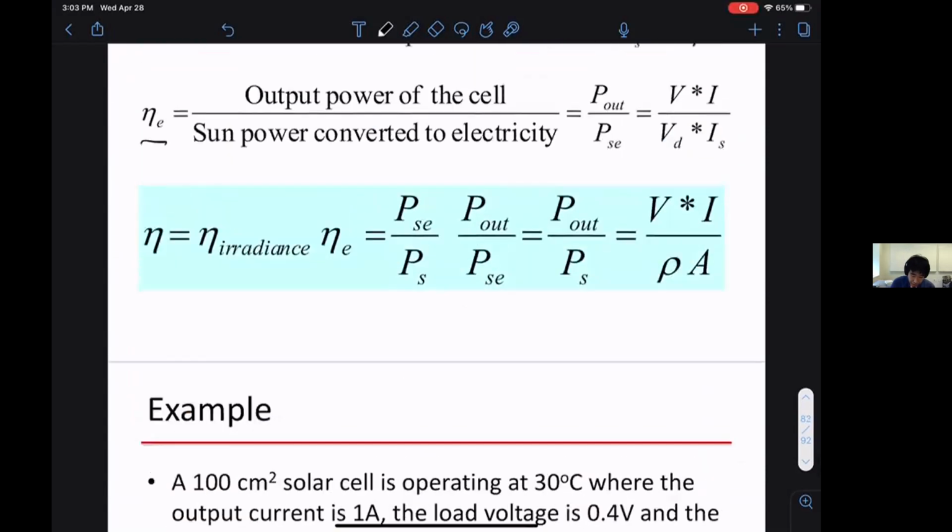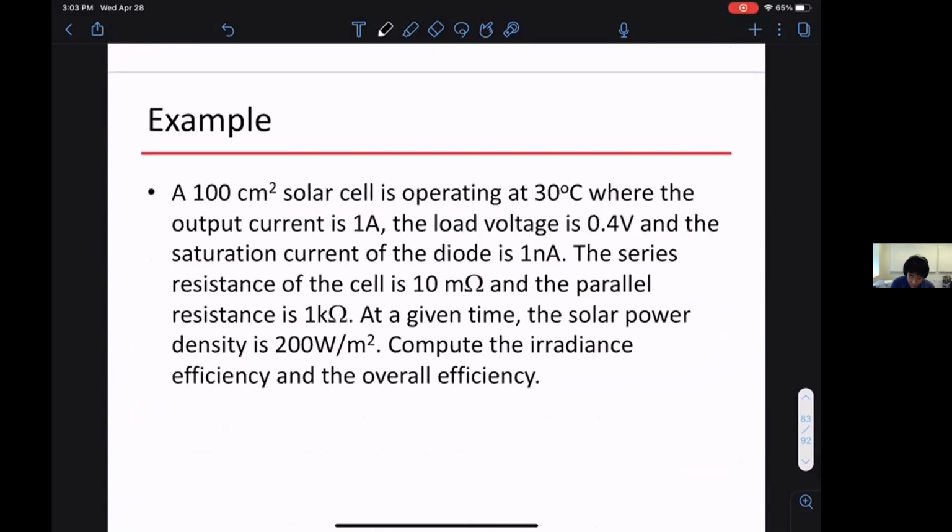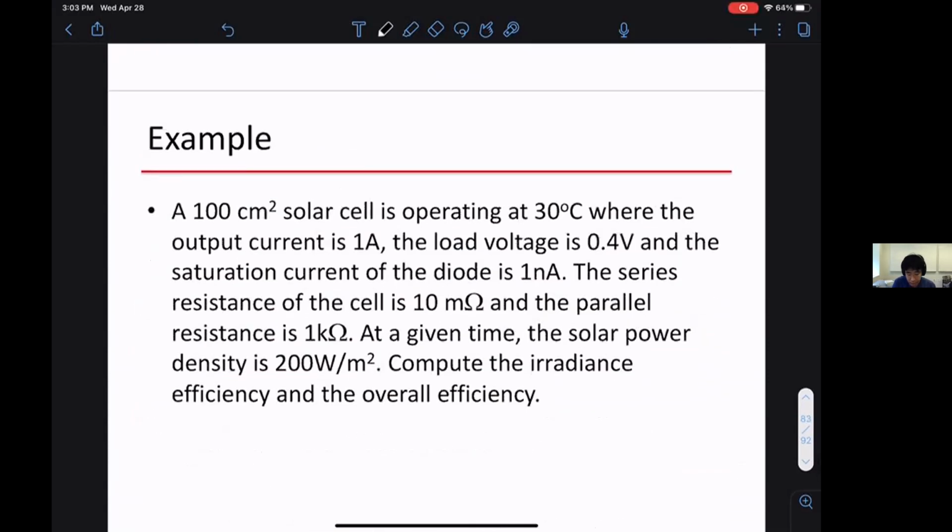Right, so we can do an example to see what some of these numbers look like. Let's say I have a solar cell with some area, operating at 30 degrees Celsius. I have output current, a load voltage, and I know the reverse saturation current of the diode.